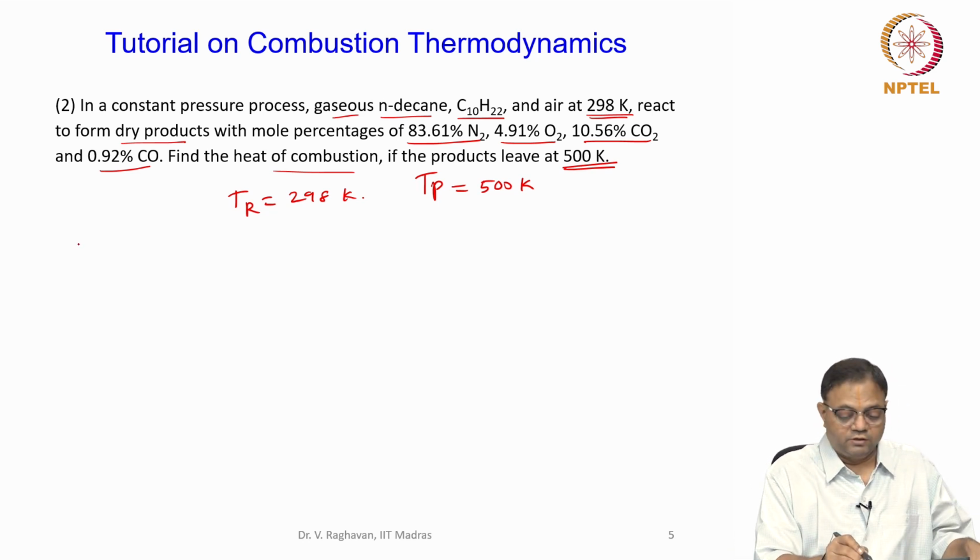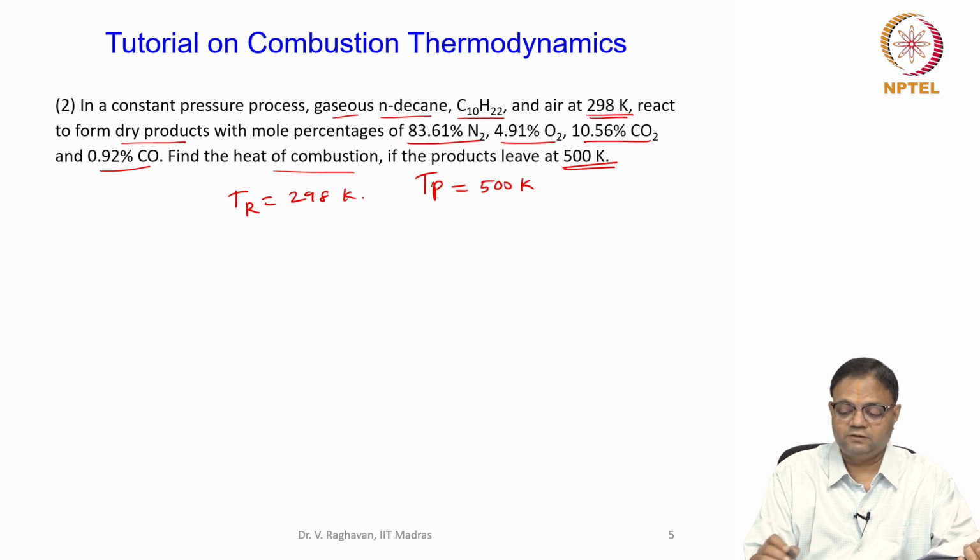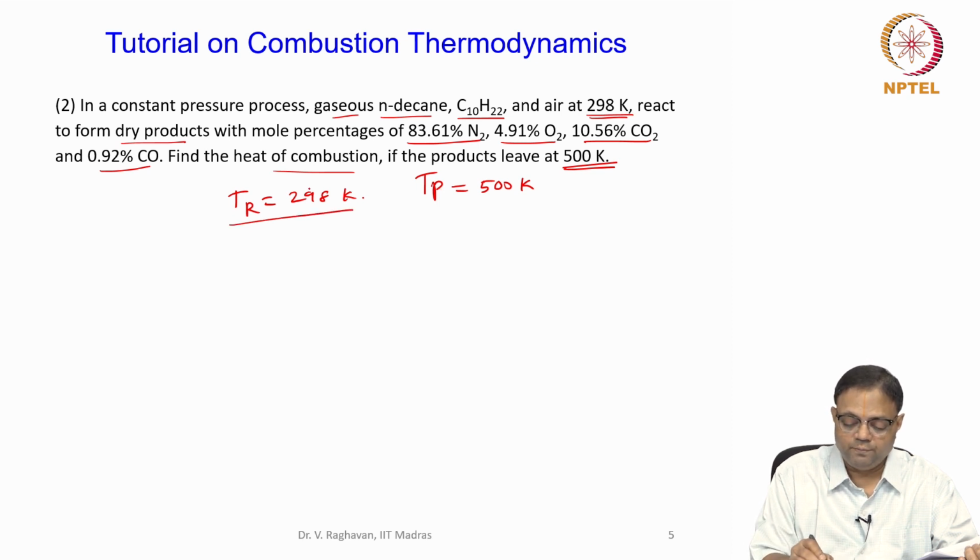For this we would first find how much air is supplied, but basically we don't even need the amount of air because the temperature of the reactant is only 298. For the air, oxygen and nitrogen are elemental species, so the enthalpy of formation will be 0.